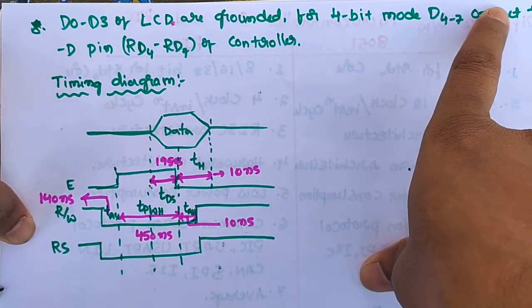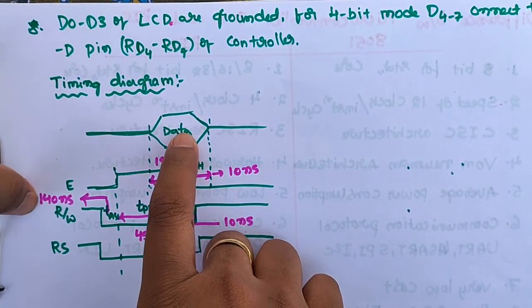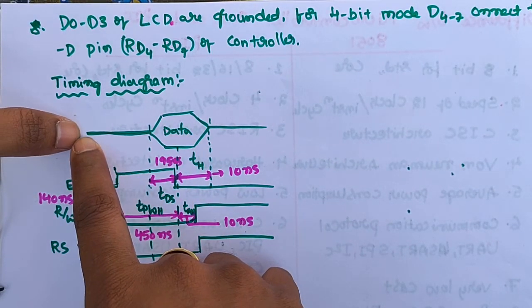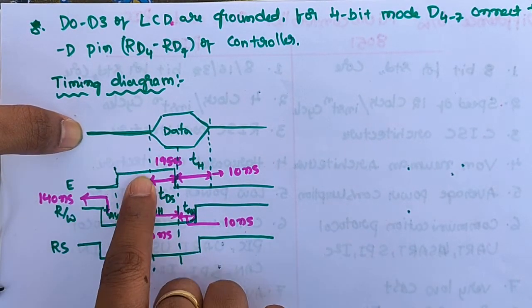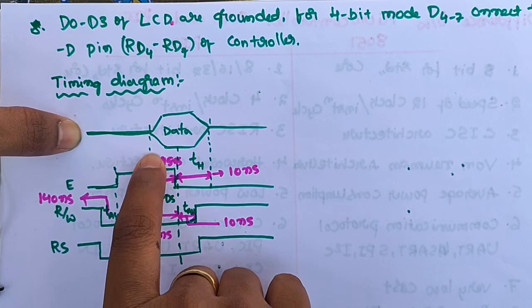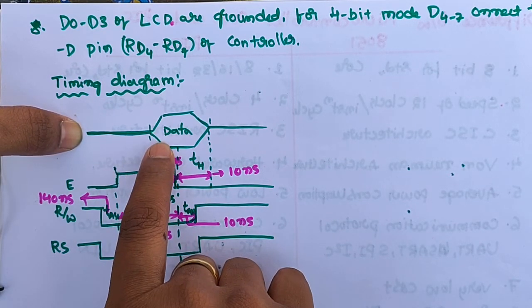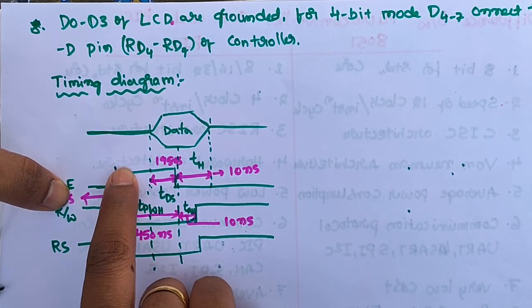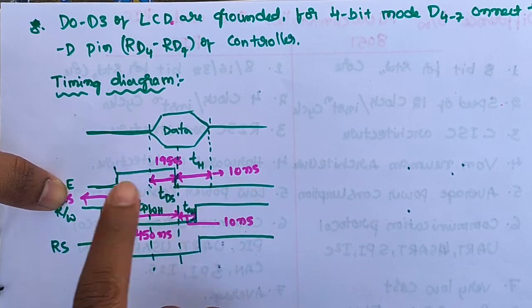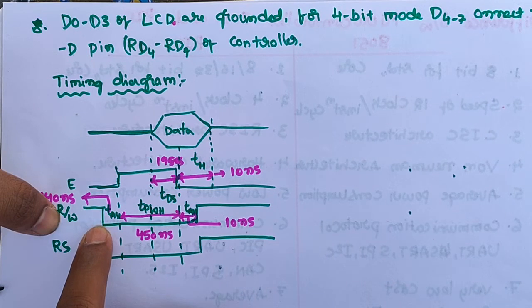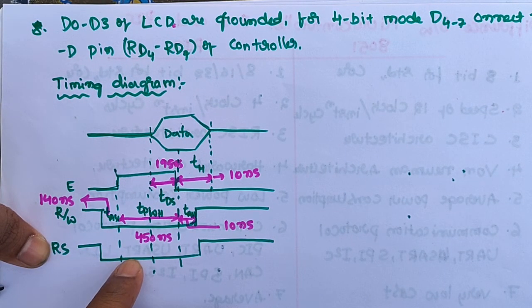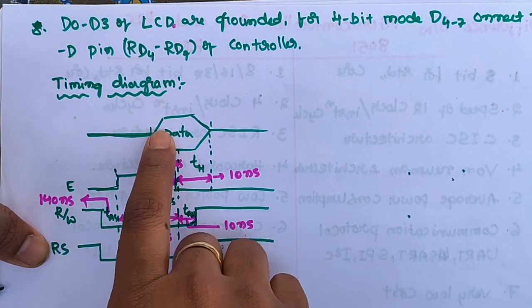So here is the timing diagram of the PIC microcontroller interface. Here we put data on the microcontroller data lines, and before that we need to enable the pin, the write signal and the RS signal.